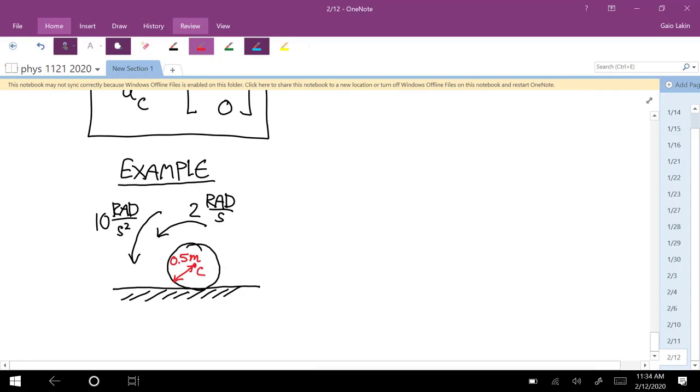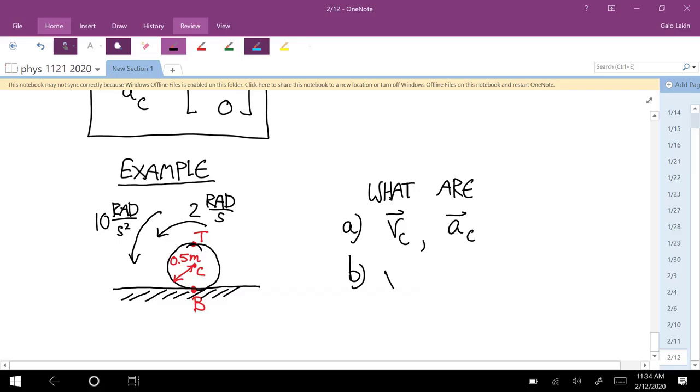The center, let's call that C. The point at the bottom, let's call that B for bottom, and then at the top, T. Let's figure out first what's the velocity and acceleration of C. Then let's figure out the velocity and acceleration of the top.